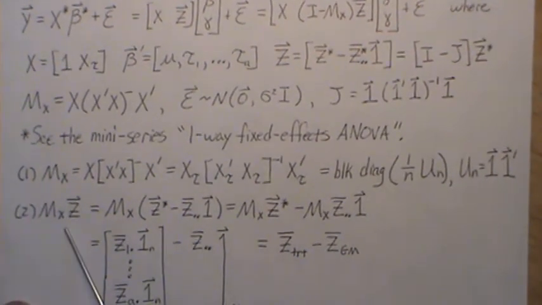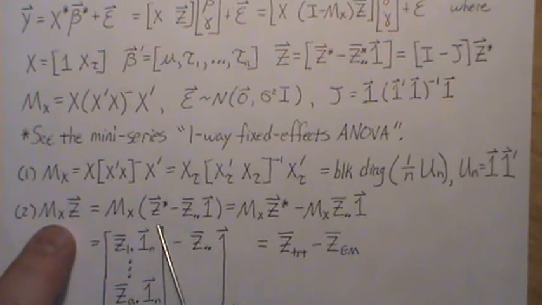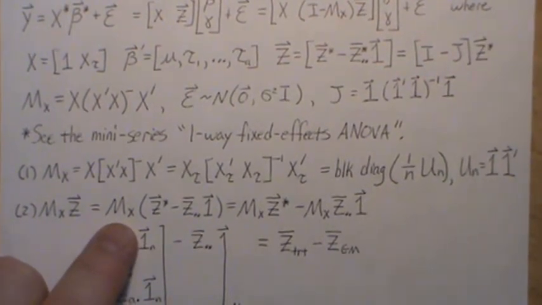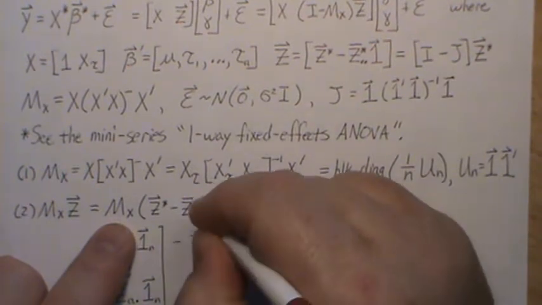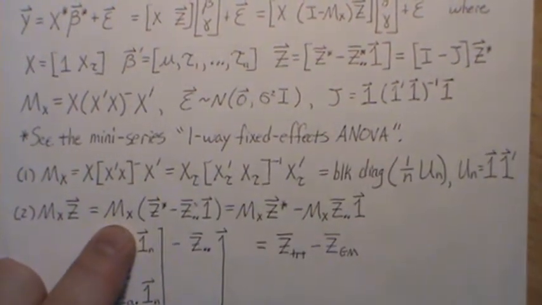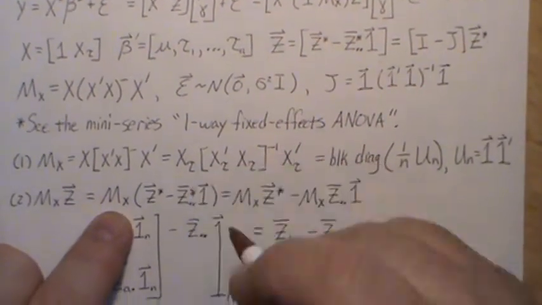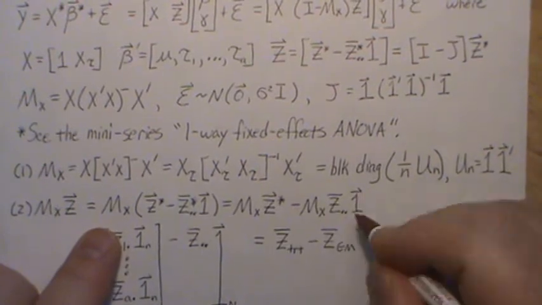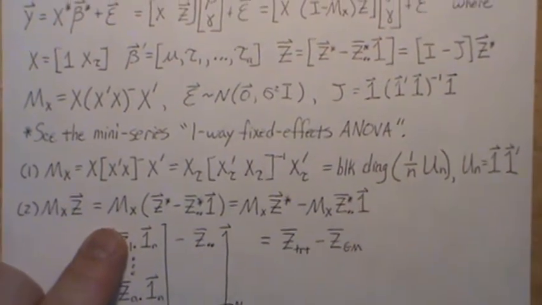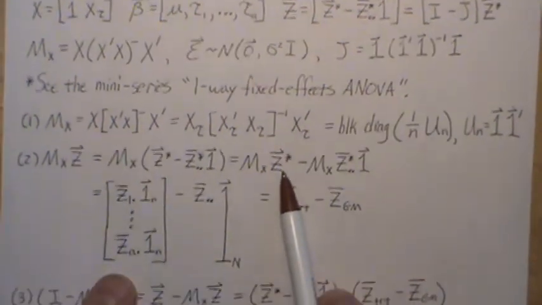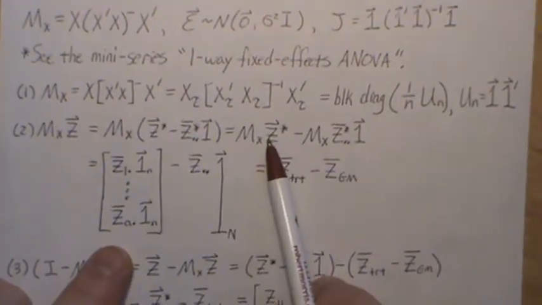Now MX times Z, and remember that this is a centered matrix, and so technically this should be the mean of Z star. Then we multiply that in and we get this. Now MX times Z is what's called a treatment mean vector.